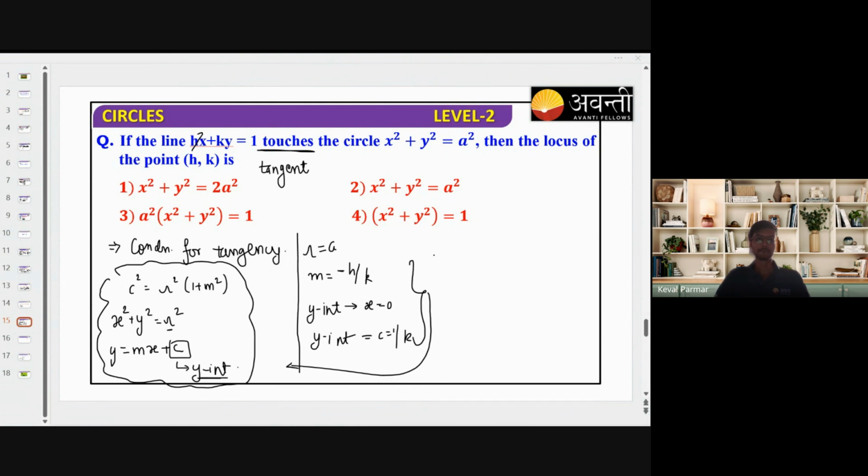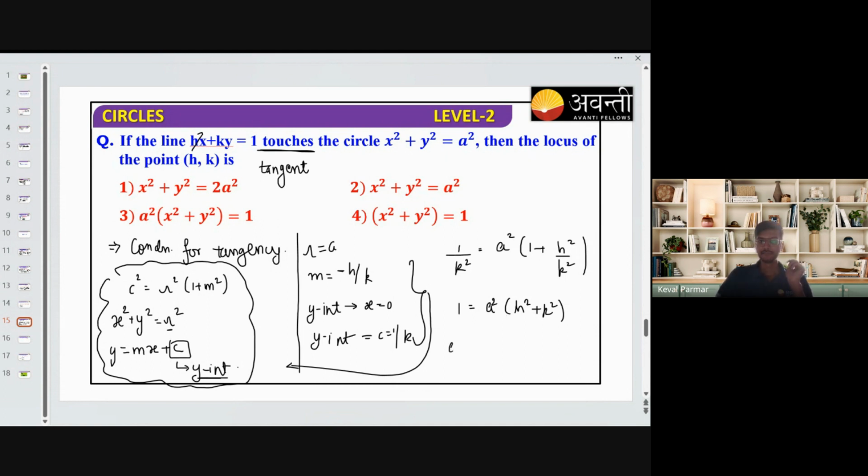c², so 1/k² is equals to r², which is a² into (1 + h²/k²). So if we take LCM, I think we'll get 1 = a²(h² + k²).